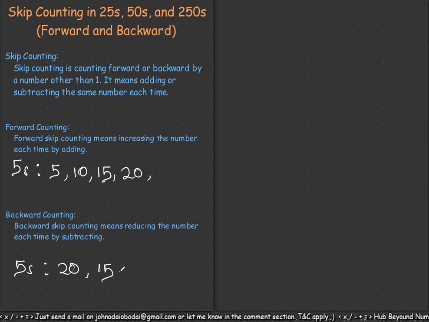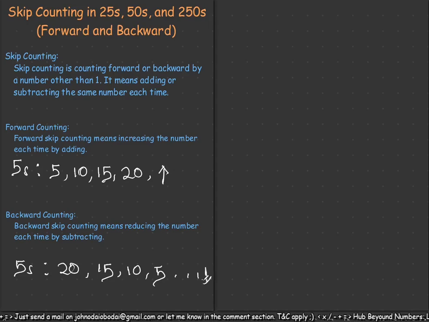So 15 minus 5 gives us 10. 10 minus 5 gives us 5, and it goes on and on. So we can see that this one keeps increasing, whereas this one keeps decreasing. So these are the two types of skip counting we have.